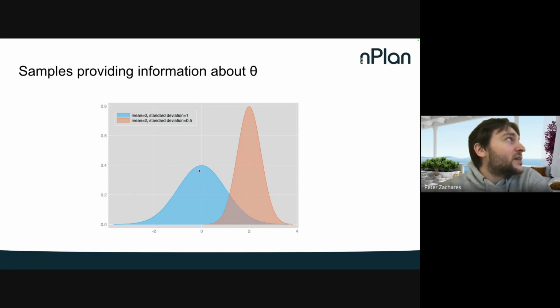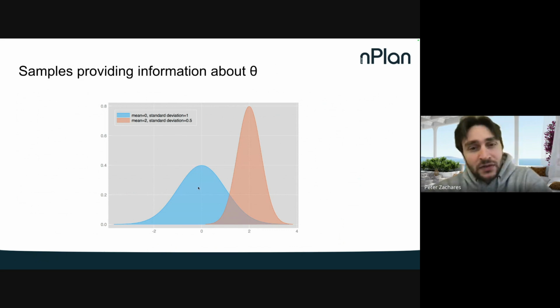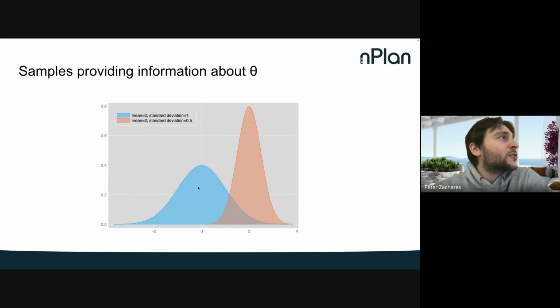And you can imagine if you're sampling from the distribution that has a higher standard deviation, your samples will be centered around the mean, but more spread out. And so from that perspective, it could be harder to actually estimate the mean, or it would take more samples to estimate the mean exactly than a distribution that has a lower uncertainty, like a smaller standard deviation.